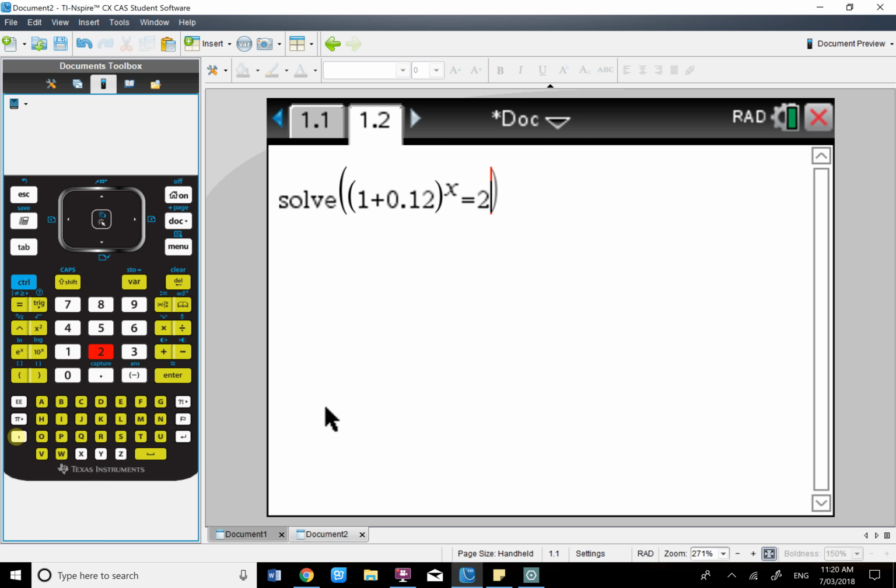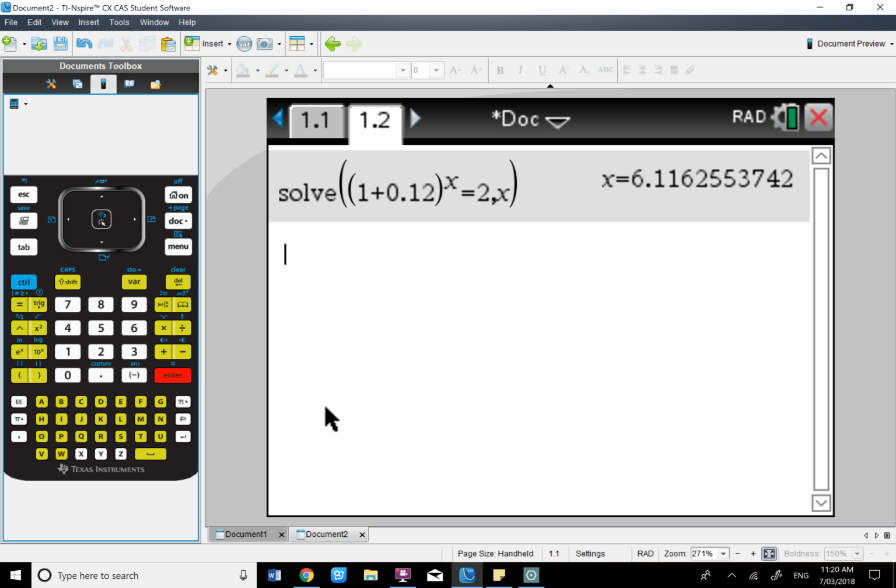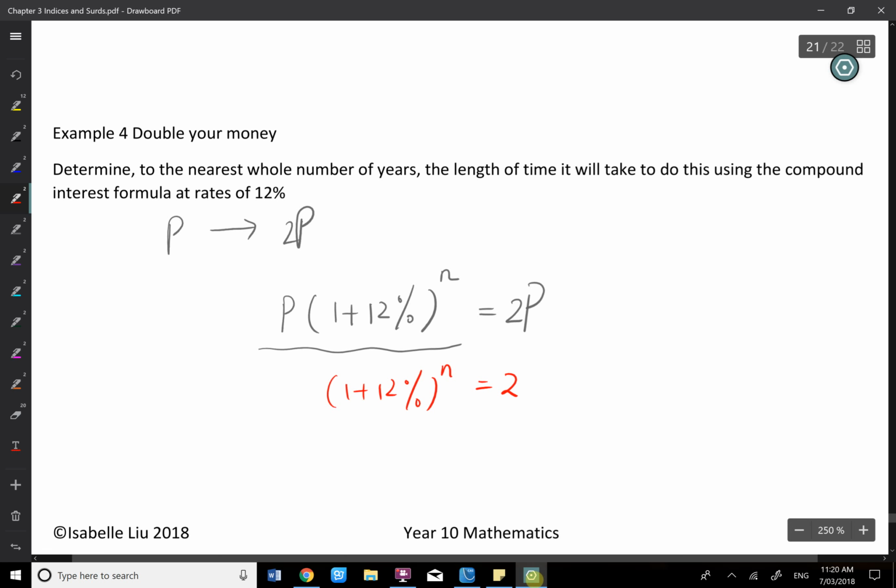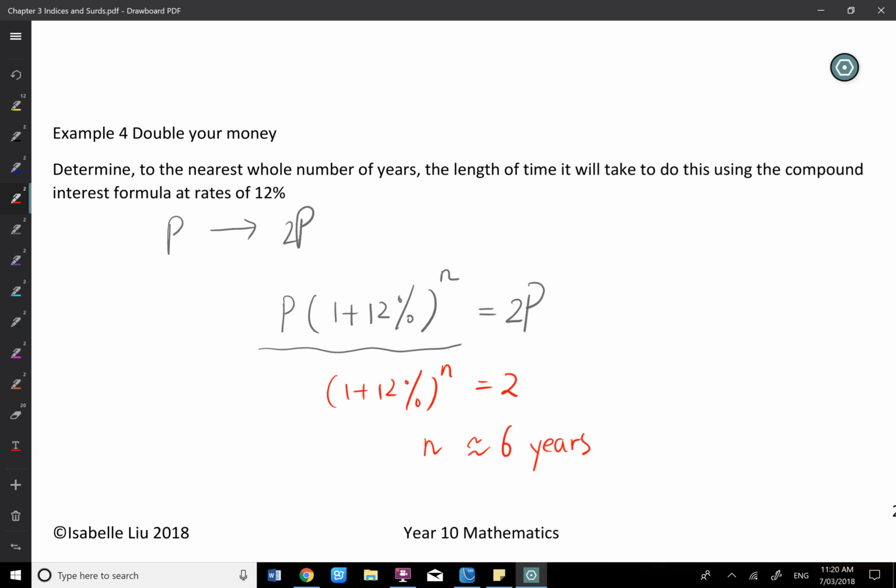And then remember the comma x. We want to solve for x, so we need to put comma x to solve. Okay, that's the answer. 6.116, so 6 years. So after 6 years at that percentage, you will double the money.